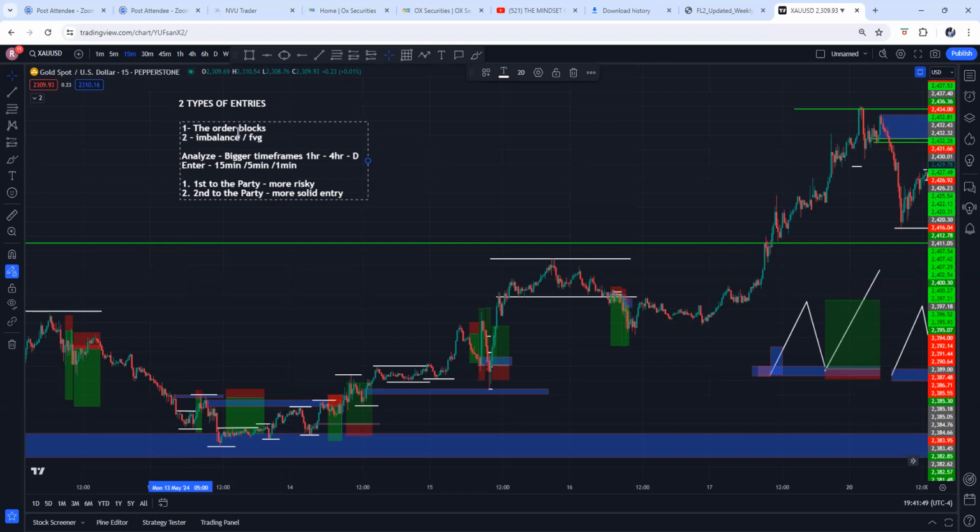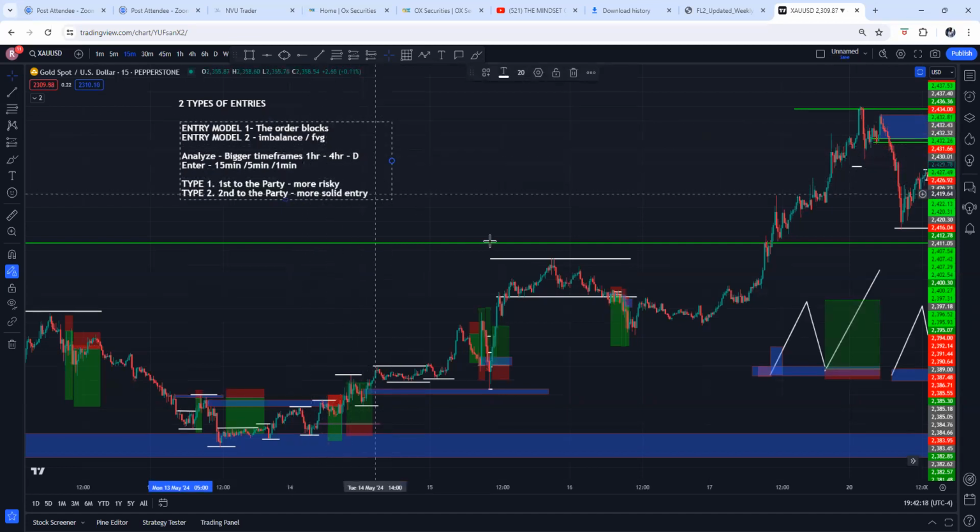This is entry model 1. This is then, of course, entry model 2. But down here, this is type 1 and type 2. So we're talking about entry model 1, and we're talking about type 1 as well.